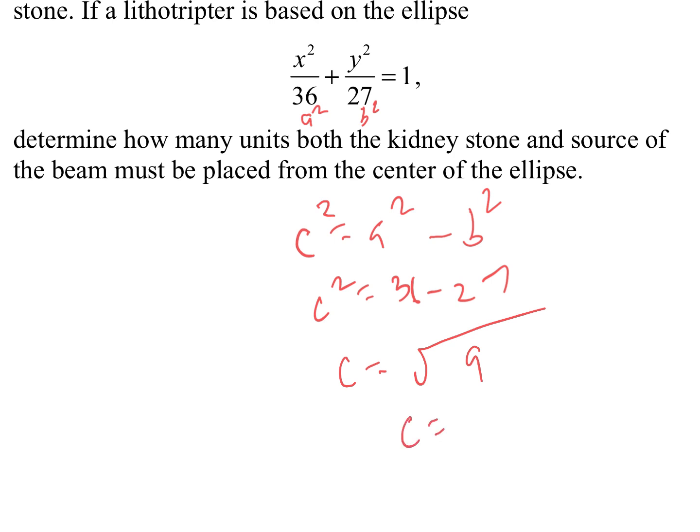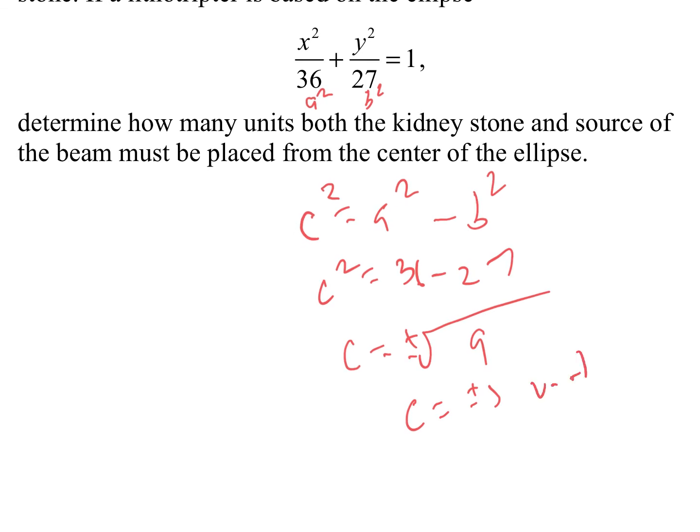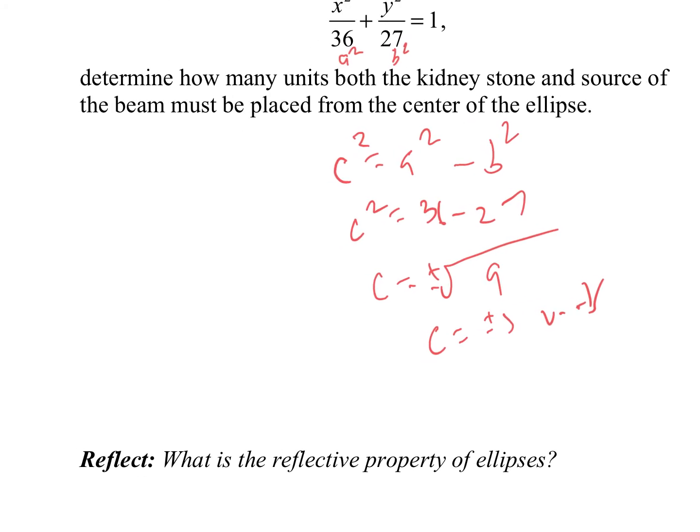So C is plus or minus 3. From the center of the ellipse, it's going to be 3 units to each side. The better way to say it is (0, 3) and (0, negative 3).